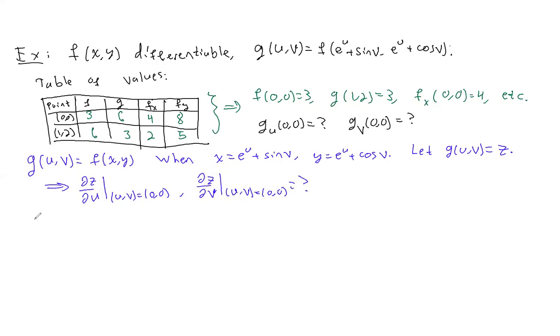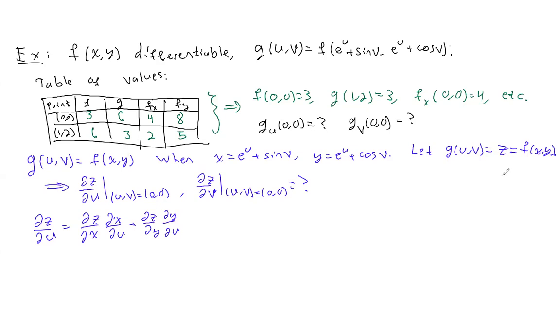Now, del z, del u is del z, del x, del x, del u, plus del z, del y, del y, del u. Now, del z, del x: if z is equal to G(u, v), that's also equal to f(x, y).